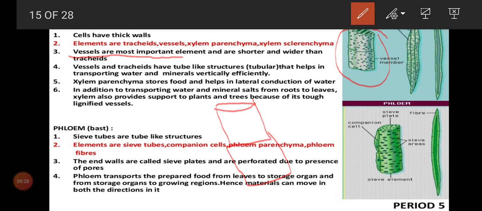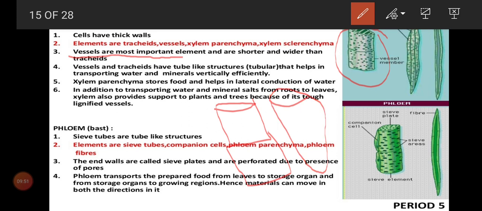Actually vessels and tracheids have a tube-like structure that helps in transporting water and minerals vertically and efficiently. So this is vessels, and tracheids are also a tube-like structure. This is the structure of tracheids.